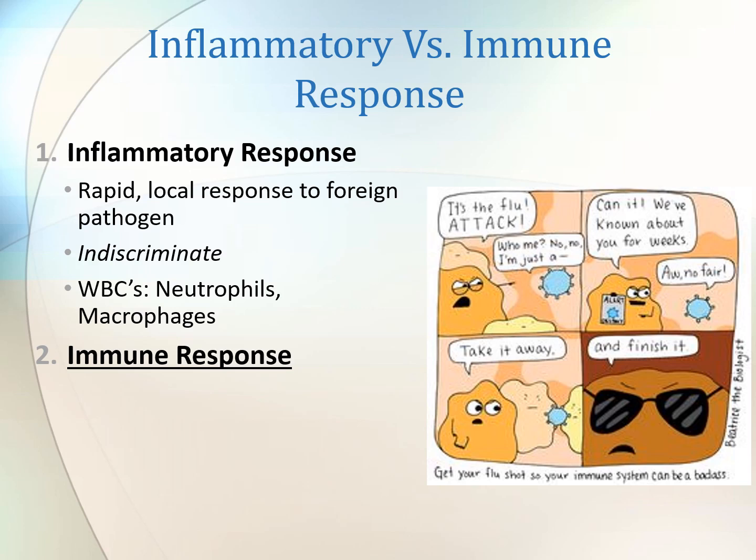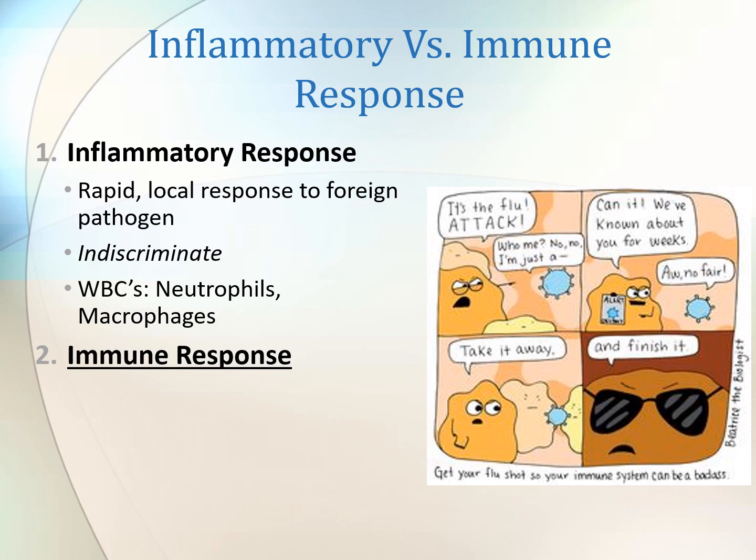It's rapid, acute, fast into that local area. The white blood cells that do this are our neutrophils and our macrophages. These guys are phagocytic, meaning they are going to eat whatever is there, right? They're going to eat and try to destroy whatever is there, no matter what it is. Okay, they're indiscriminate. They don't care. They're just going to attack.